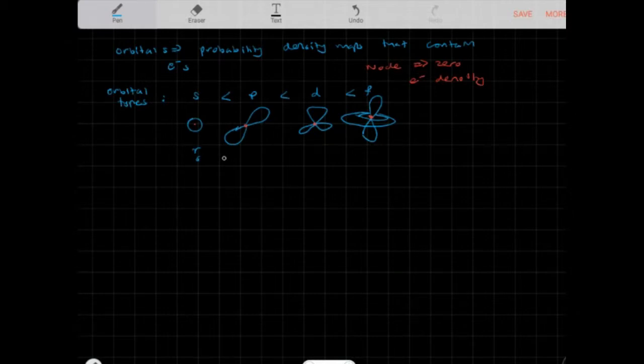The separation distance of the electrons from the nucleus of the f orbital is basically going to be the highest, and the separation distance of electrons in the s orbital from the nucleus is the lowest, right? So this is very important, and we also noted that each orbital can hold a max of 2 electrons, right? And this is true for all orbitals, right?